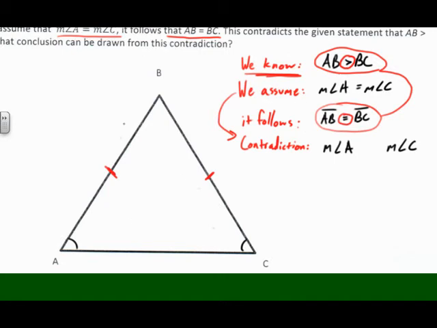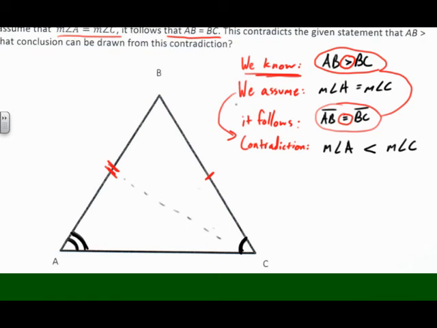So if AB is greater than BC, that means that this side right here, if this one is different, then the angle across from it has to be different from the angle over here. So AB, the angle across from that is C. So C has to be greater than A since the sides are greater.